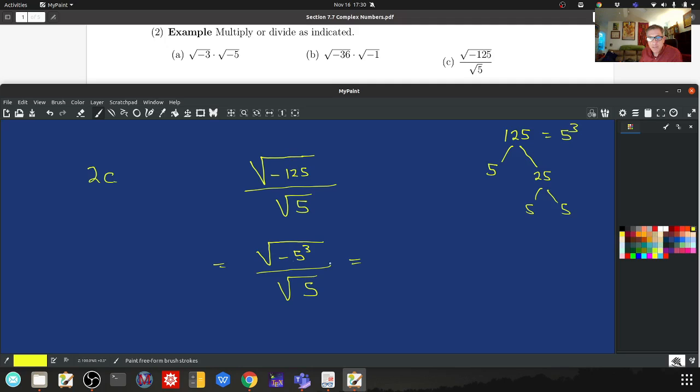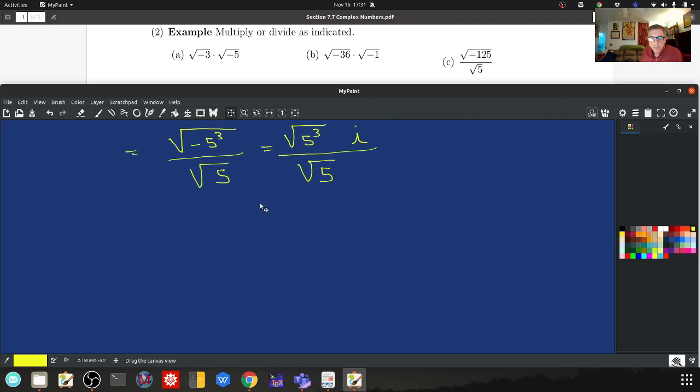So I'm going to go ahead and simplify the first. That's going to be the square root of 5 cubed times I, because 5 cubed is positive, and when I negate it, it's negative, over the square root of 5. Well, we're getting closer. From the rules that we've used earlier, the square root of 5 cubed is the same as 5 squared times 5.